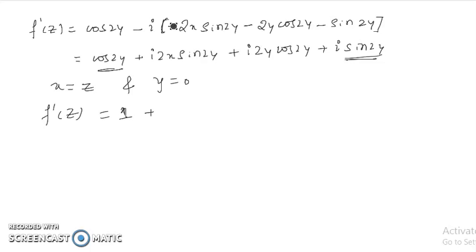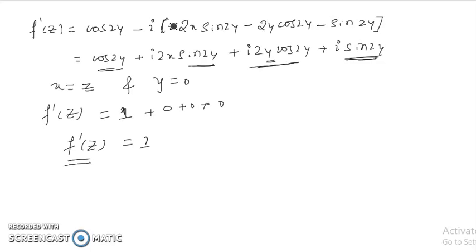Plus if I substitute y equal to 0, sin 0 is 0, this whole term is going to be 0, and here again this whole term is going to be 0. So all other terms are going to be 0. Only thing we are going to get is f dash of z is equal to 1.